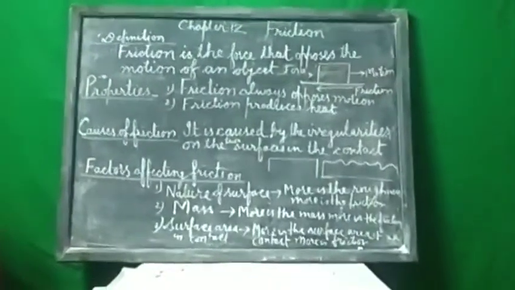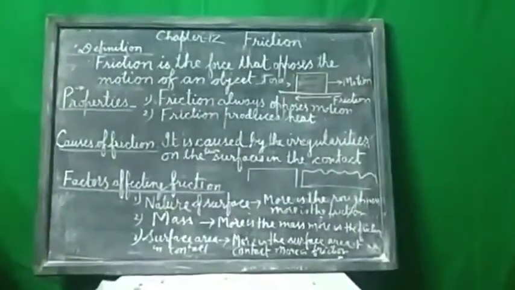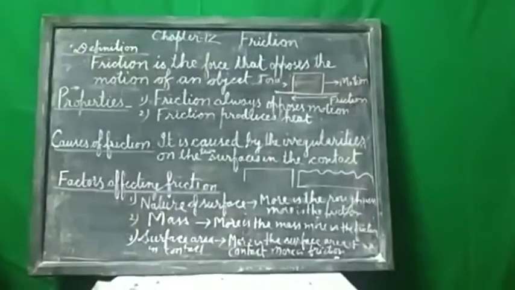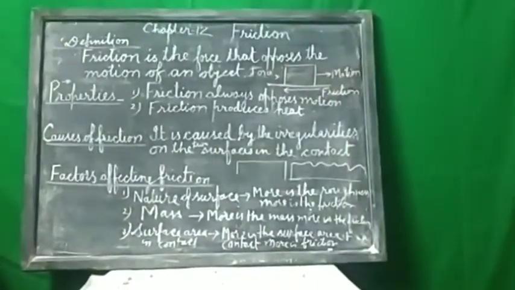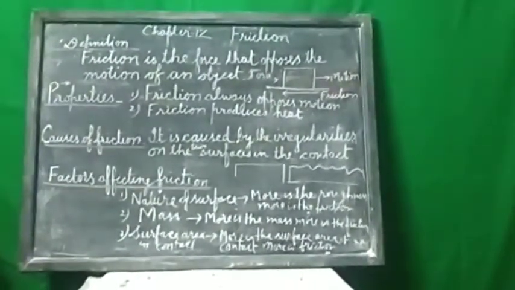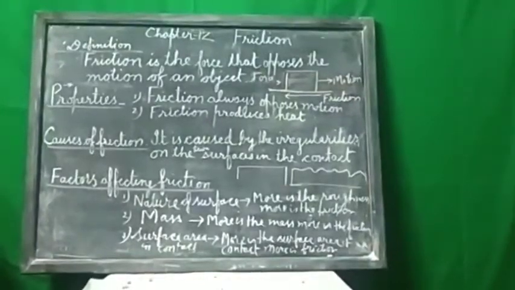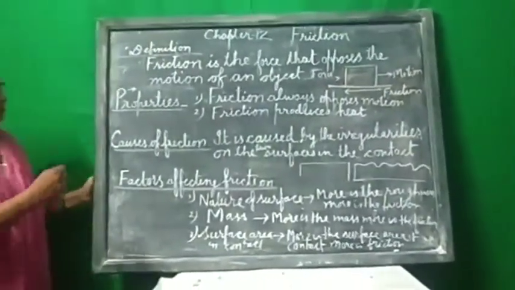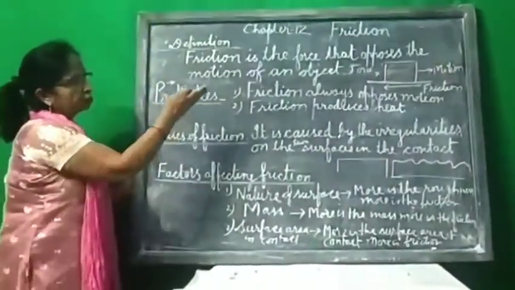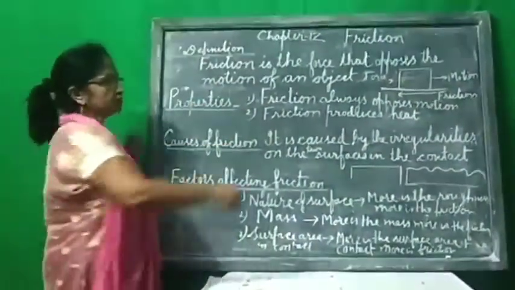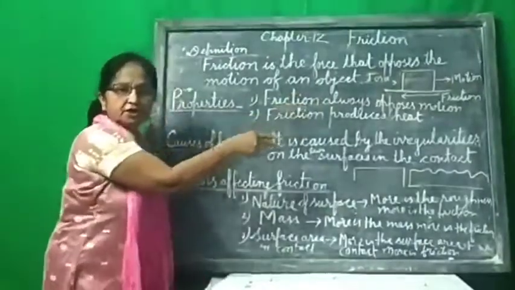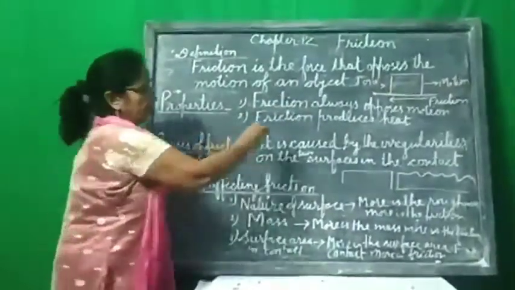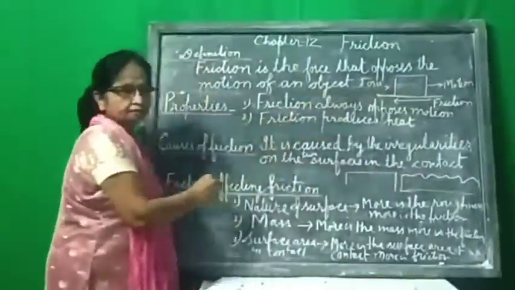So friction opposes applied force. Frictional force arises due to contact between surfaces and friction acts parallel to contact force. What does it mean? Parallel to contact force means the two bodies should interact, they should be in contact and it will act parallel.